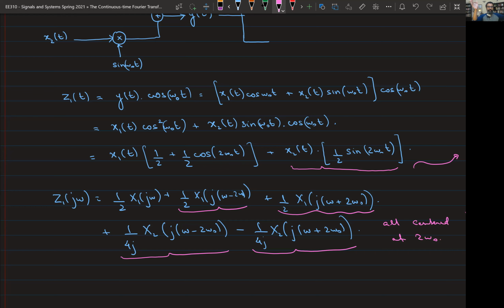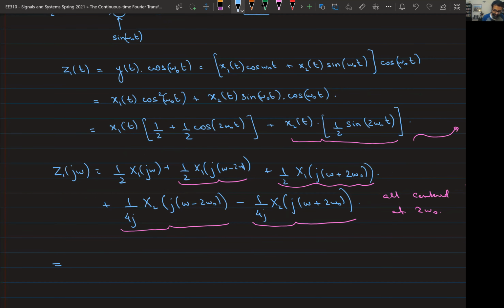So if I just apply a low pass filter with center frequency 0 and the cutoff equal to the bandwidth of the signal, then I should be able to get X1, right? So this implies the X1 of t is just simply equal to passing this through the low pass filter.